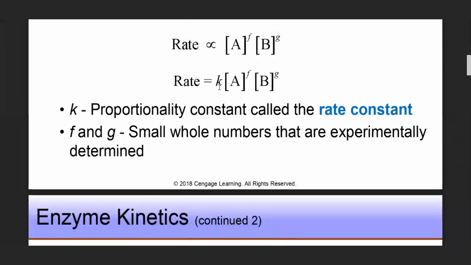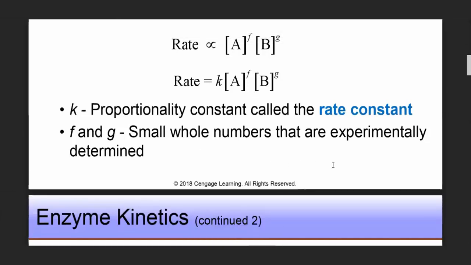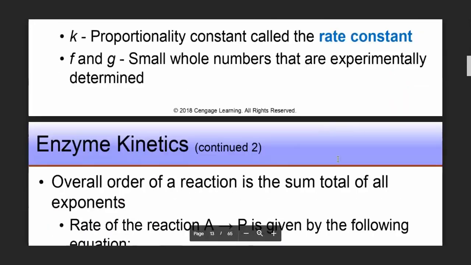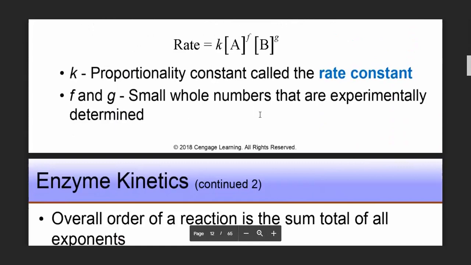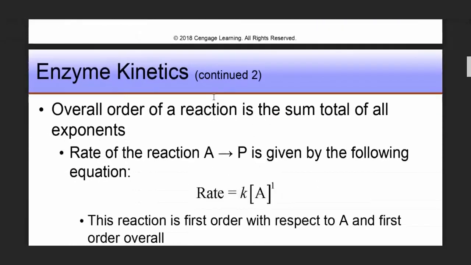This constant is called K, the proportionality constant, also called the rate constant. Now, what are F and G? These are small whole numbers that are experimentally determined, and they are known as the order of the reaction with respect to A, F, and with respect to B, G. These are experimentally determined values.